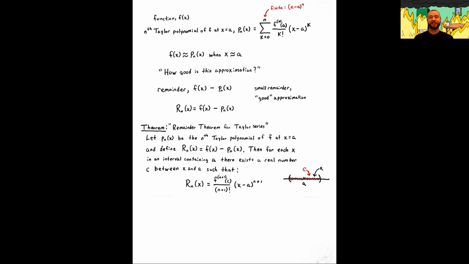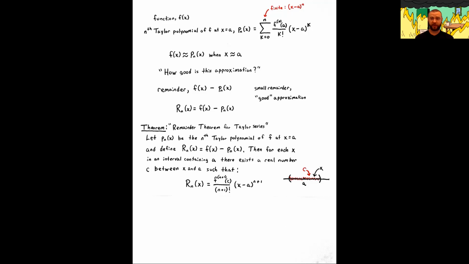then for any x value within an interval containing a, usually our interval of convergence, there's a certain number c between x and a such that we can directly calculate the remainder. In other words, the difference between the function and our nth Taylor polynomial involves an n plus 1 derivative.